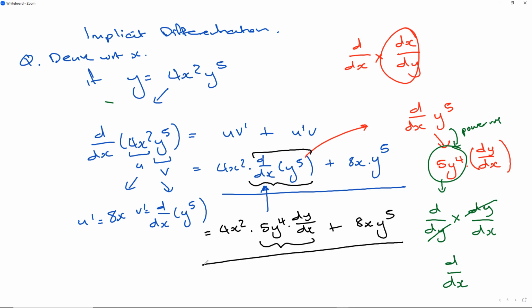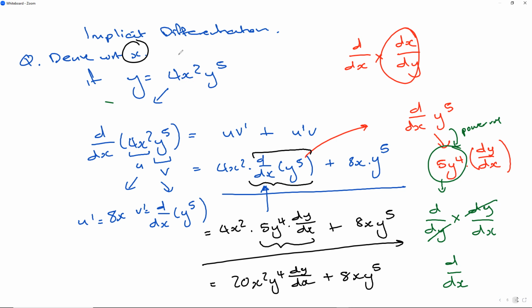And that would be the final answer there. We just need the 5 and the 4 to become 20: 20x squared y to the power 4 dy dx plus 8x y to the power 5. And now we have derived it fully with respect to x.